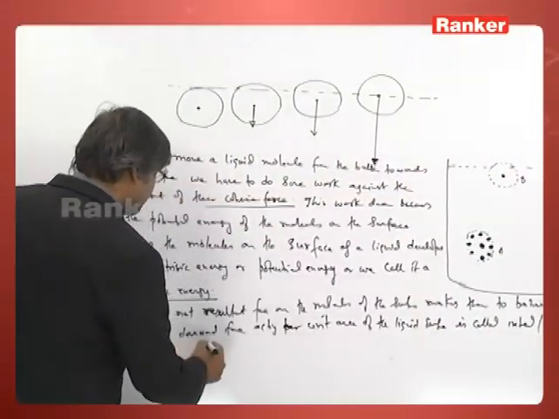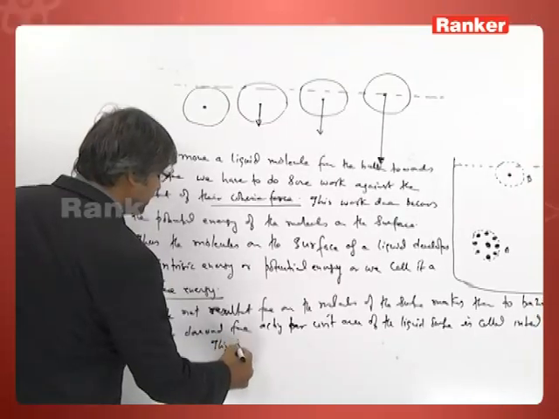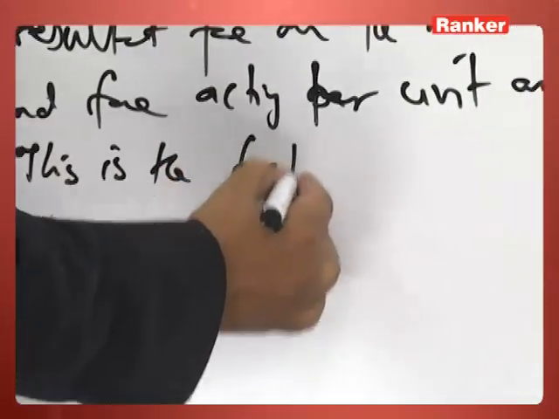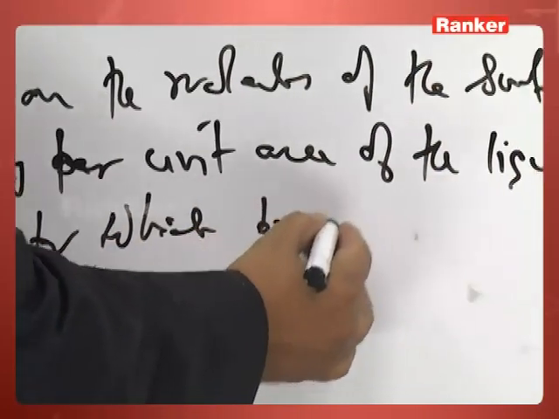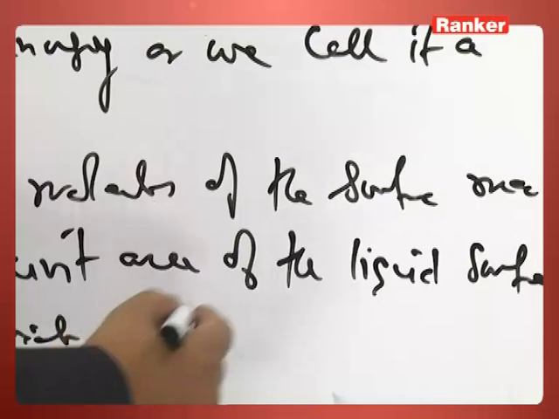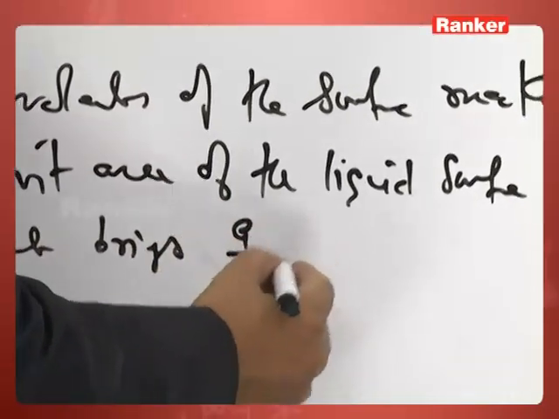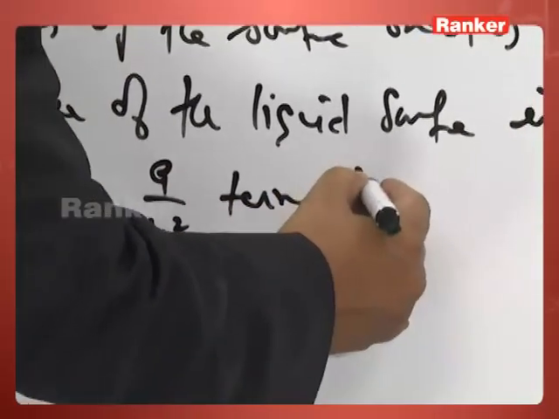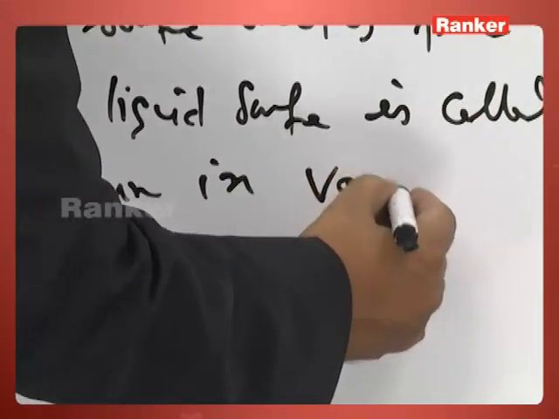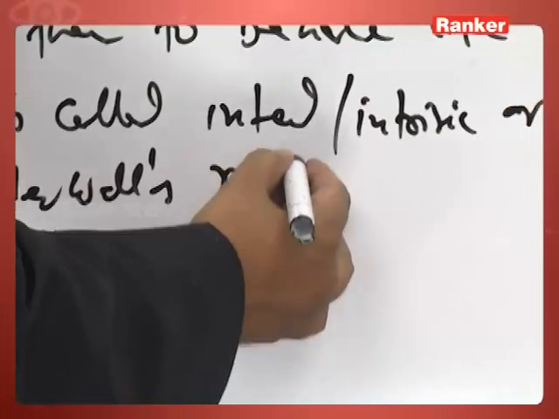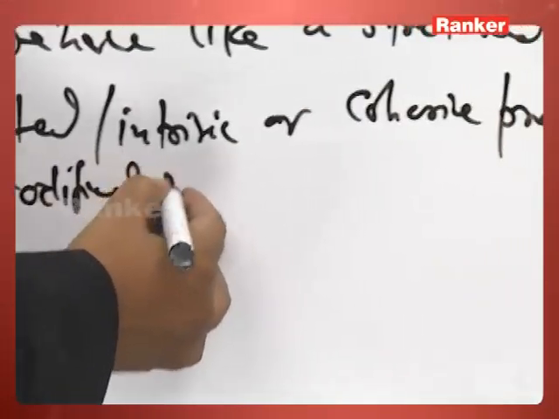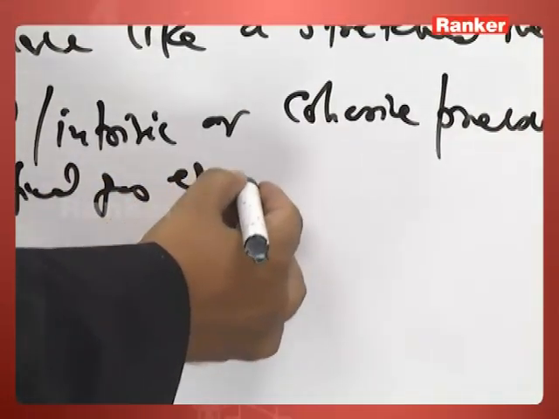This is the factor which brings the a by V square term in the van der Waals modified gas equation.